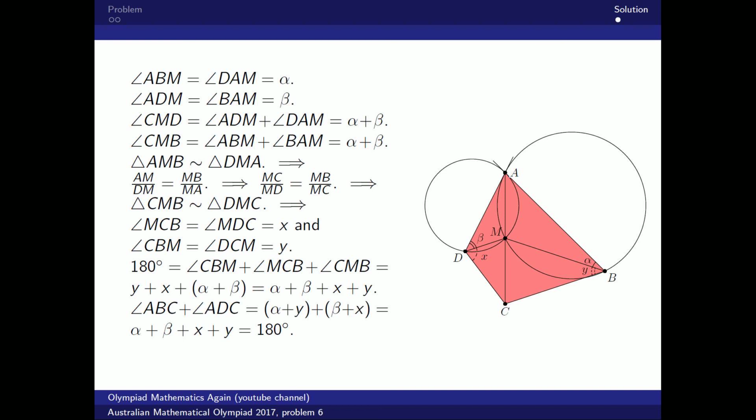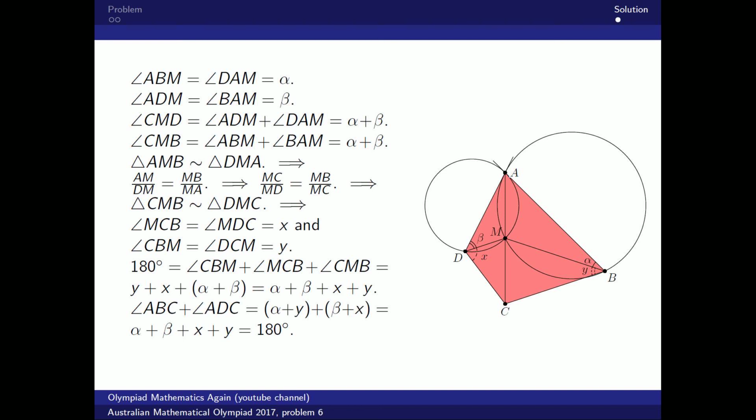So we consider finally the quadrilateral that we need to prove is cyclic. So quadrilateral ABCD, and we consider the two opposite angles in it, ABC and ADC, and we calculate their sum.